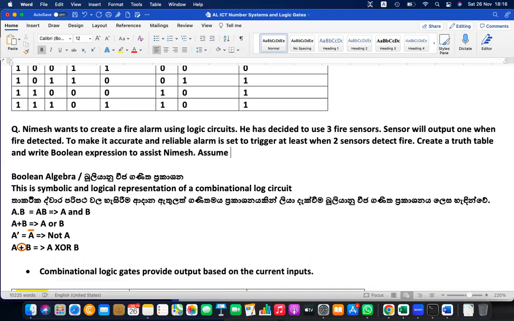Assume the sensor names are S1, S2, and S3. Tip: create a truth table for 3 inputs.